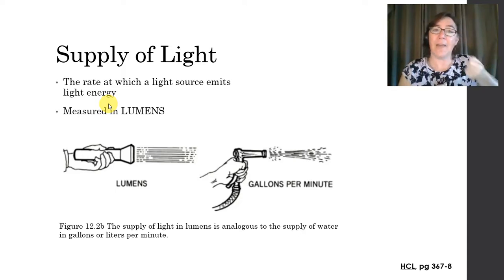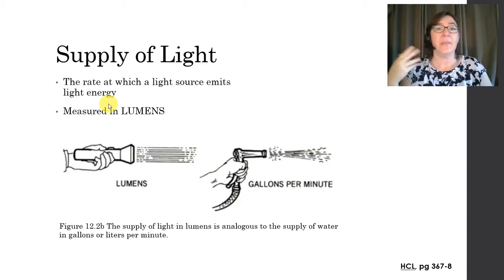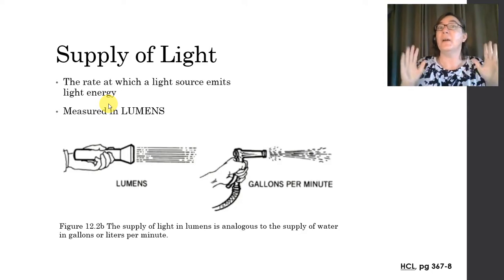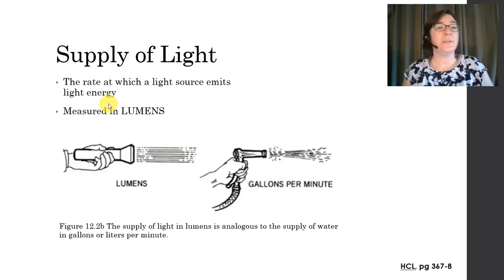If we're thinking about a flashlight supplying light, well, a water hose supplies water. And we can draw an analogy between the gallons per minute that is pouring out of that hose and the lumens that are, quote, pouring out of the light fixture. So you can see that lumens are a flow rate measurement.